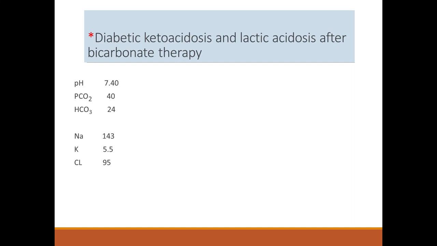Diabetic ketoacidosis with lactic acidosis after bicarbonate therapy. That's a very interesting scenario where we find almost normal values, but the patient is very sick. And whenever you encounter such normal values with the patient very sick, then there must be more than 2 disorders. And here you can see what is the anion gap.